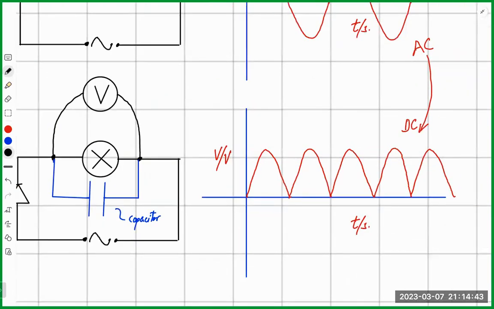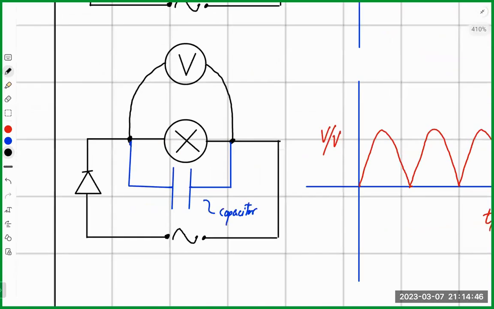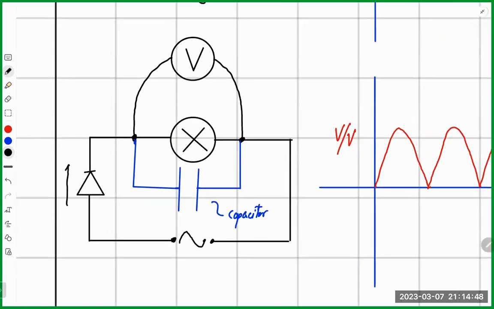When the diode is forward biased, for example like this, the current will go into the lamp as well as to the capacitor. Will it? Yes, sir. So the capacitor will get charged as well.